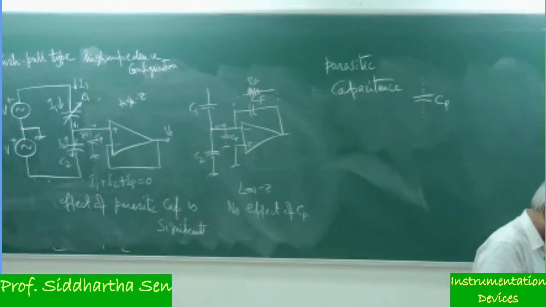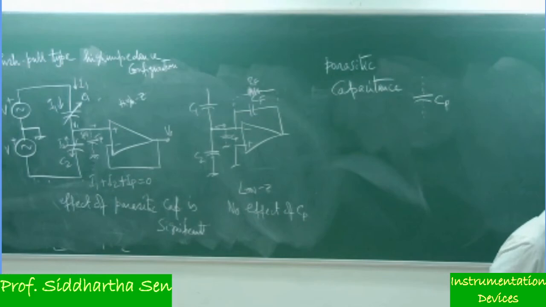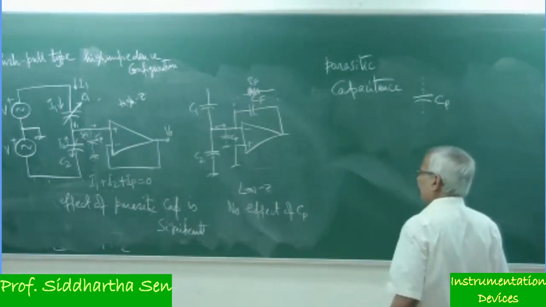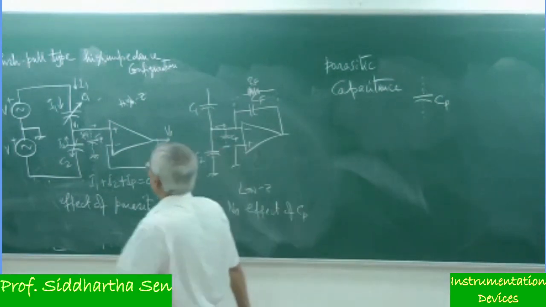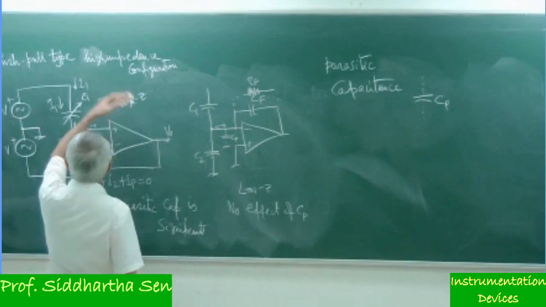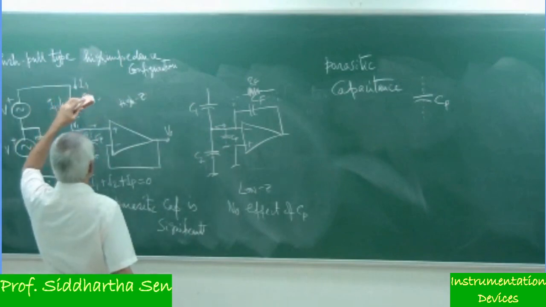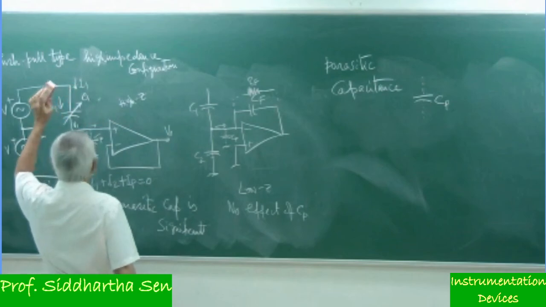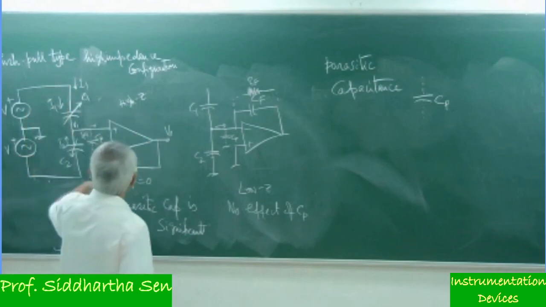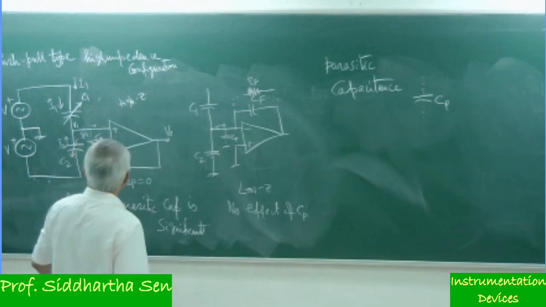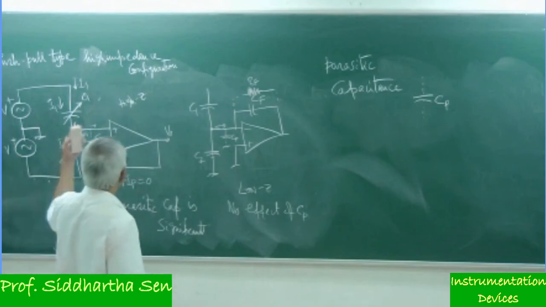And often I can show you, but what we require is to guard the whole circuit from external sources, and it is always better to put everything inside the guard, so that no external interference takes place.